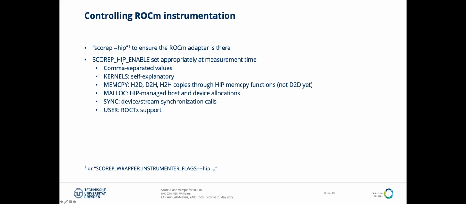And then you set the SCOREP_HIP_ENABLE variable to a comma separated list of various types of instrumentation that we can perform. So, yeah, you can choose to instrument or not instrument kernels, transfers, allocation, synchronization, and to enable or disable ROCtx user instrumentation.